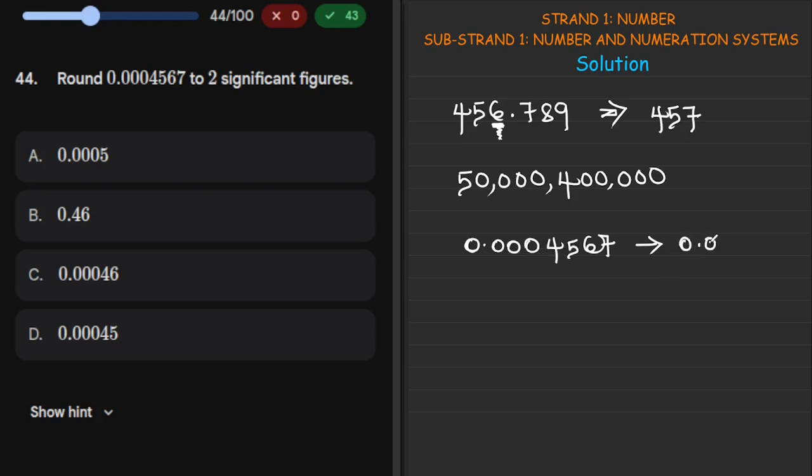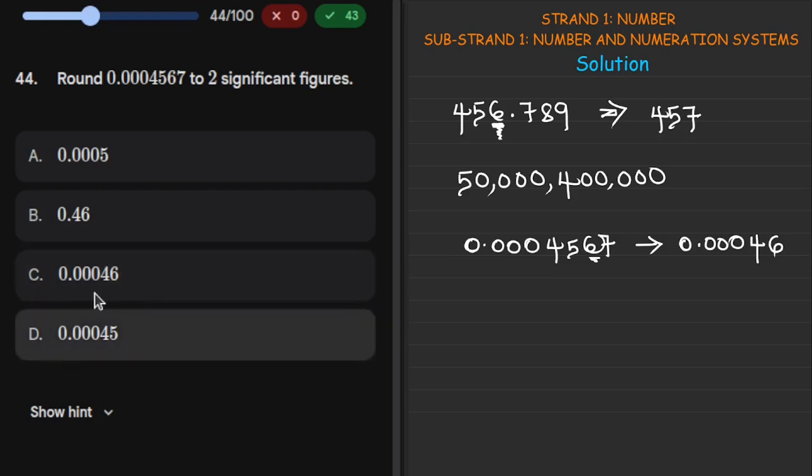So the 0.00 and then the 0 are not significant. Our first significant figure is the 4, followed by the 5, but we can't just write the 5 because the number that comes after it is 6, and 6 will cause us to round up. So we have 4, 6, and this becomes our rounding.